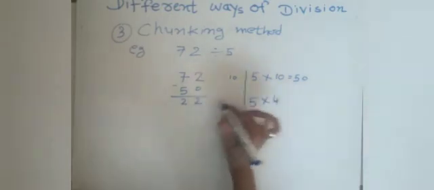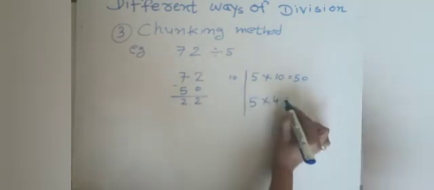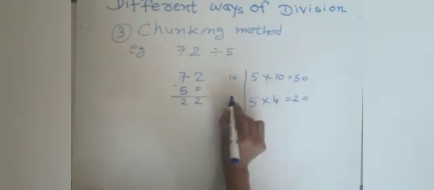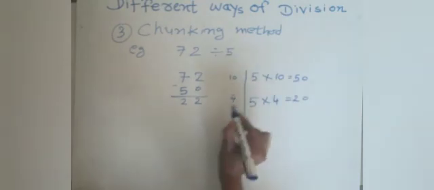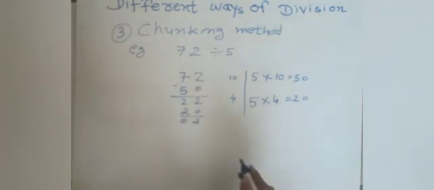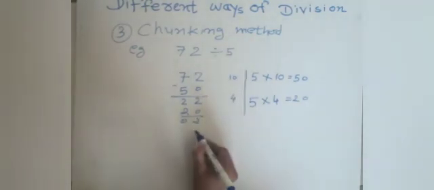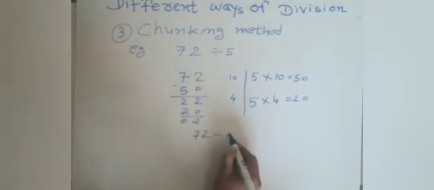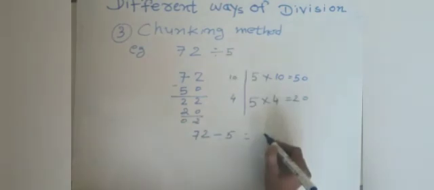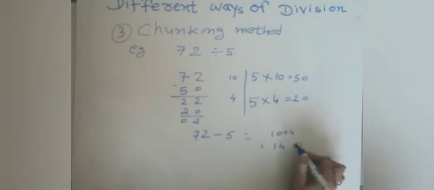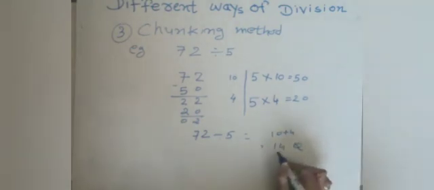So that is a bigger number. 5 fours are 20, so we will take 4 here, and 2 is the remainder. So our answer: 72 divided by 5 is equal to 10 plus 4, which is 14. It is the quotient, and the remainder is equal to 2.